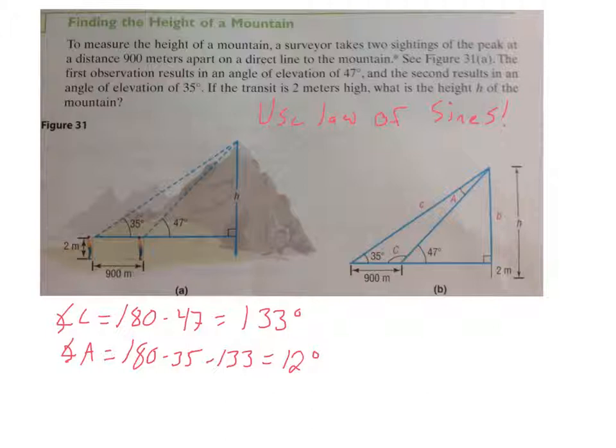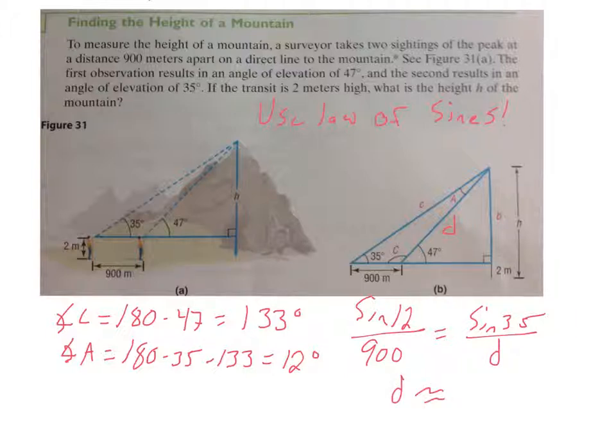So sine of angle A, which is 12 degrees, over 900 has to equal sine of 35 over side, well, I won't call it B. I'll call it side D. So sine of 35 over D, and I'll get that D is roughly equal to 2,482.9 meters.